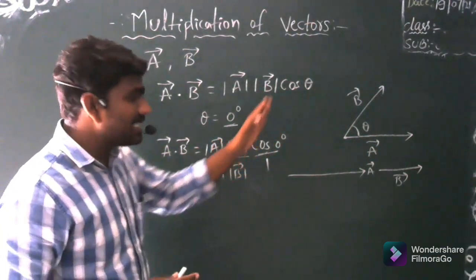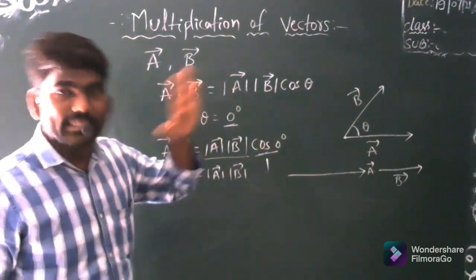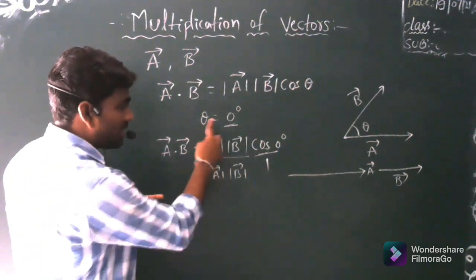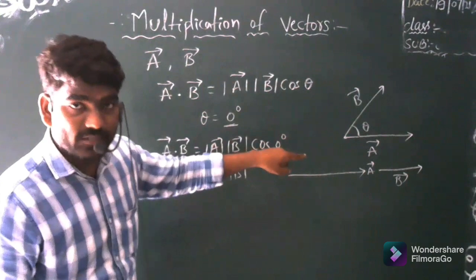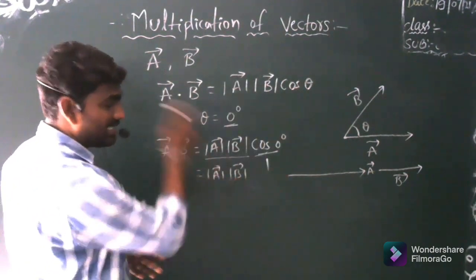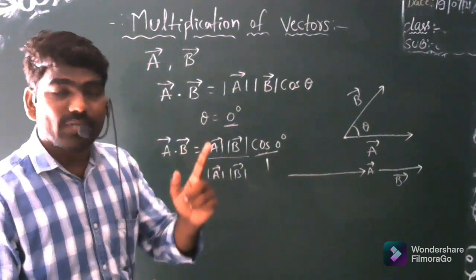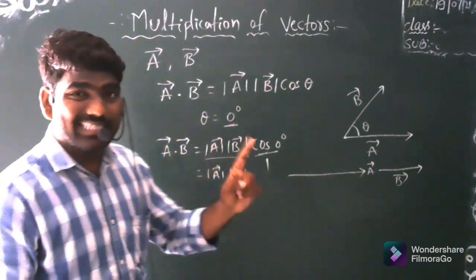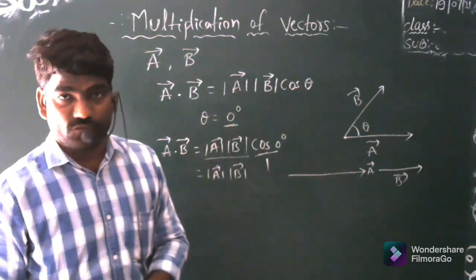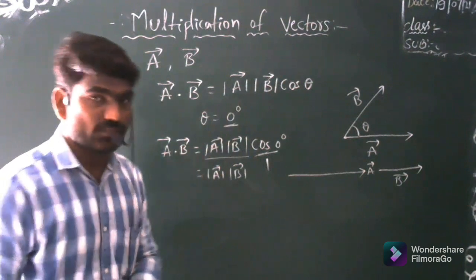So when the angle increases, the magnitude automatically decreases. Suppose you take 30 degrees, then it is root 3 by 2, and if you multiply with root 3 by 2, that magnitude is less than this. So we get the maximum result of a dot product of two vectors when the angle between them is 0 degrees.